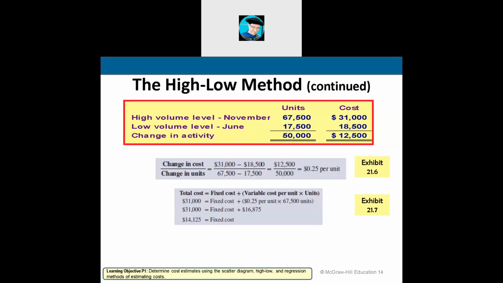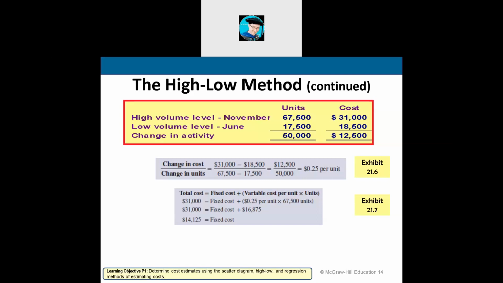We've got to find our total cost because our total cost changed, right? So how do we find total cost? I'm sorry, how do we find fixed costs? I meant to say, how do we find our fixed cost? We know the variable cost changed, 25 cents. Here's how it works.